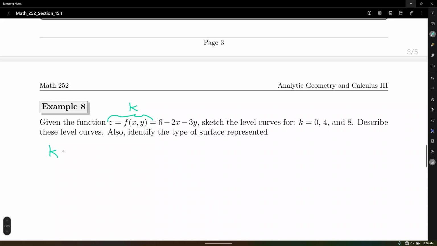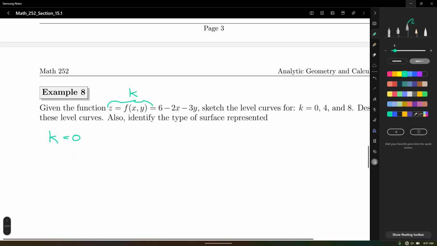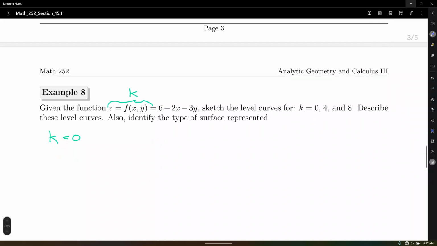So for k equals 0, we're going to get the following: 0 equals 6 minus 2x minus 3y. That'll give us 3y equals negative 2x plus 6, and divide both sides by 3.